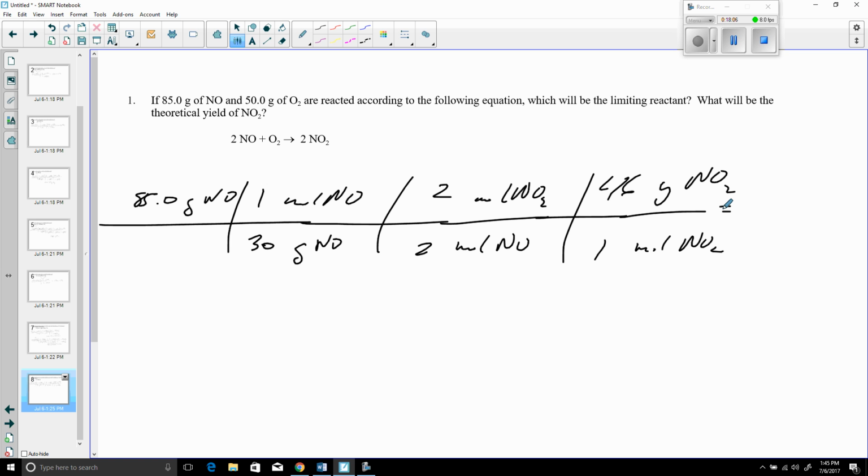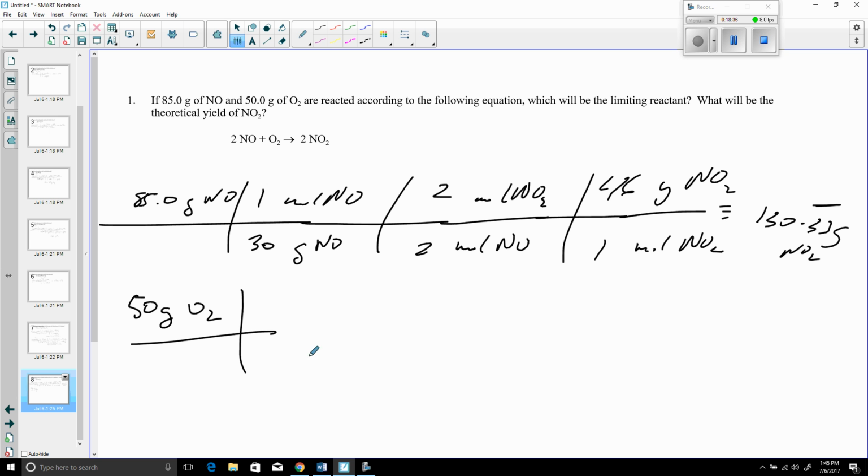So we just simply plug this in our calculator. 85 times 46 divided by 30, and we should get 130.33 grams of NO2.